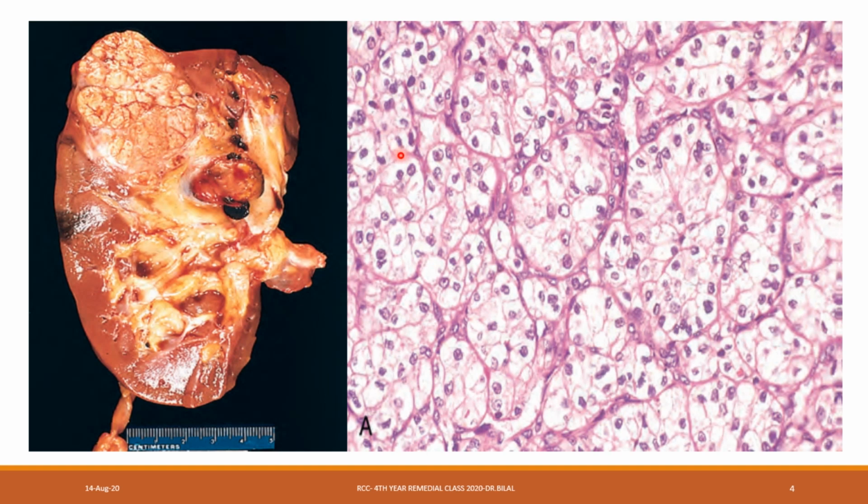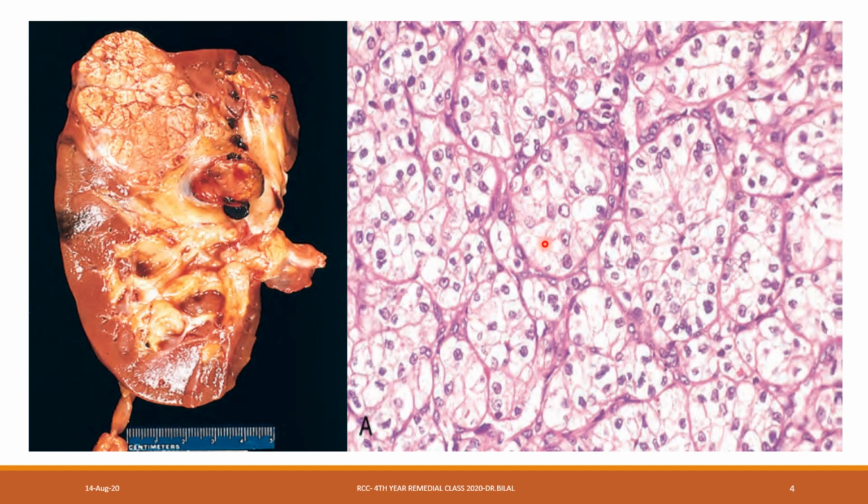Now, a few words about the microscopy. We just read that there are three patterns: solid, alveolar, and acinar. If I try to describe it more simply, what you see here are nests of cells, different groups of cells, which have a clear cytoplasm. The name of the tumor indicates that the cytoplasm is clear.